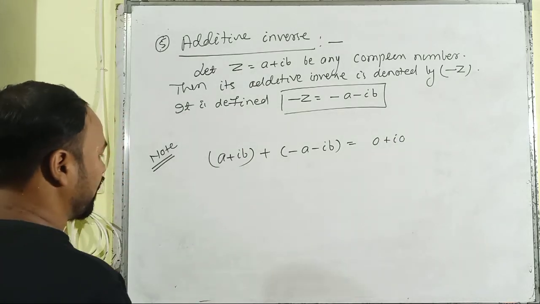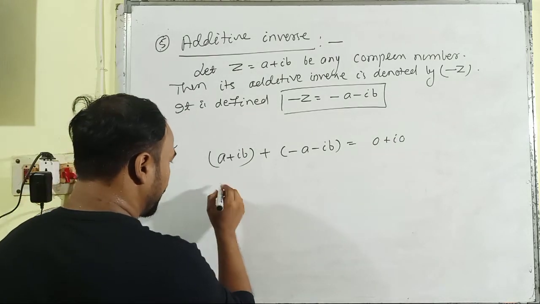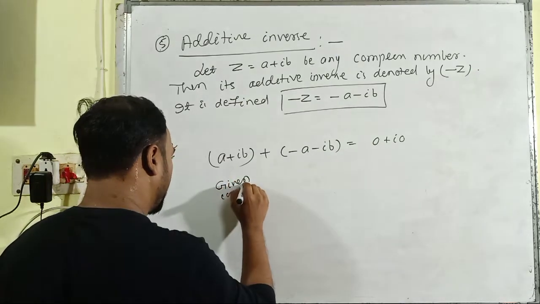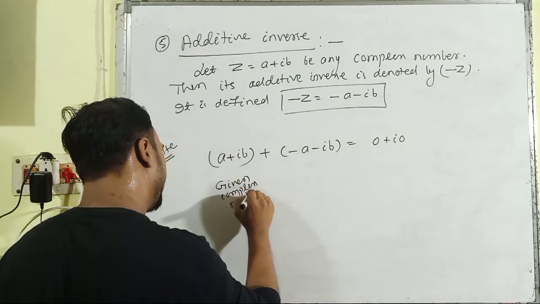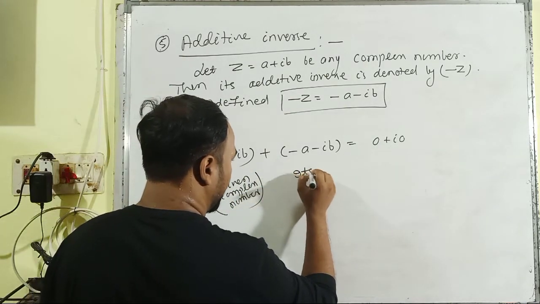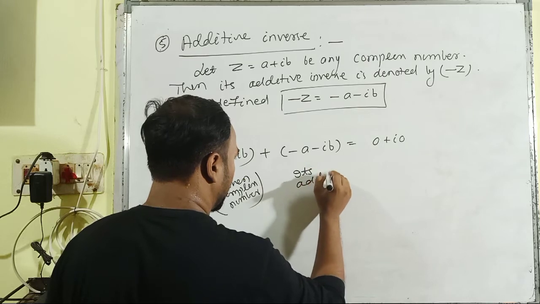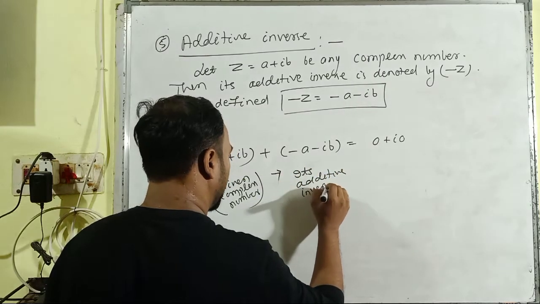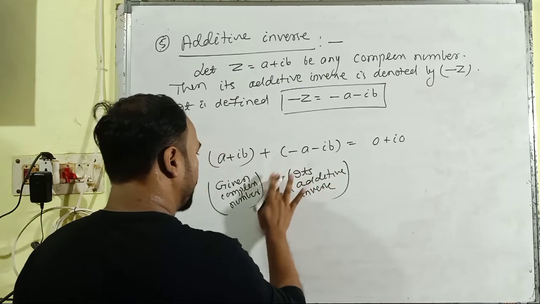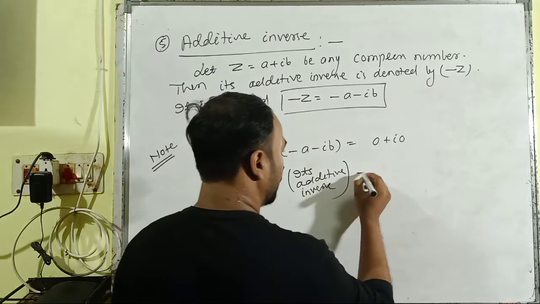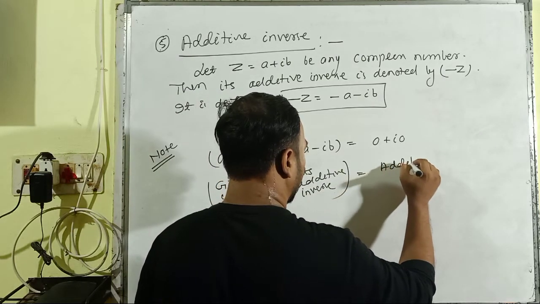Let us take the fundamental part here. It is the given complex number. It is its additive inverse. And then their sum will be the additive identity.